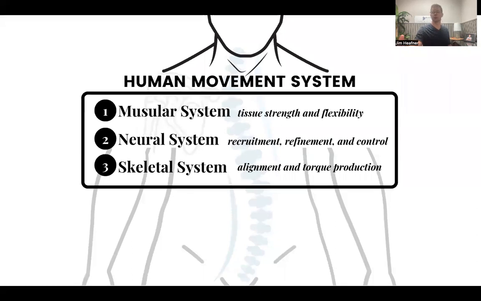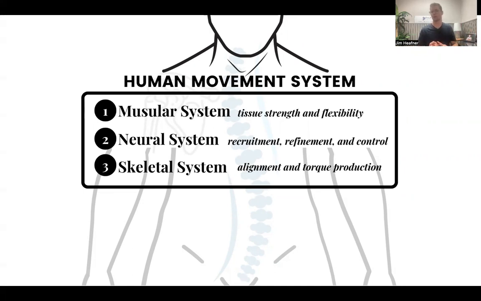So the three main systems within the body that we use for movement are the muscular system, the neural system, and the skeletal system. On the muscular side, we're looking at tissue strength and flexibility primarily. So how much can the tissue elongate and how much can it contract and shorten? And what's the range within that of how much control you have? And that control is really coordinated by the nervous system.